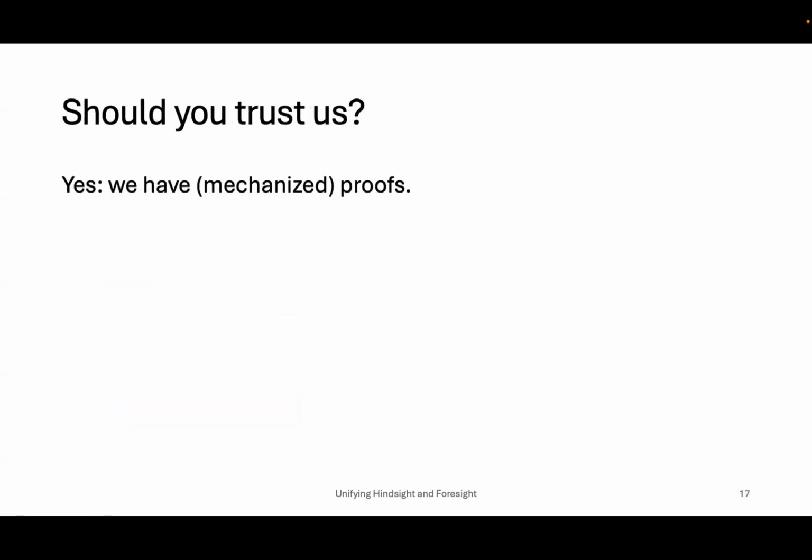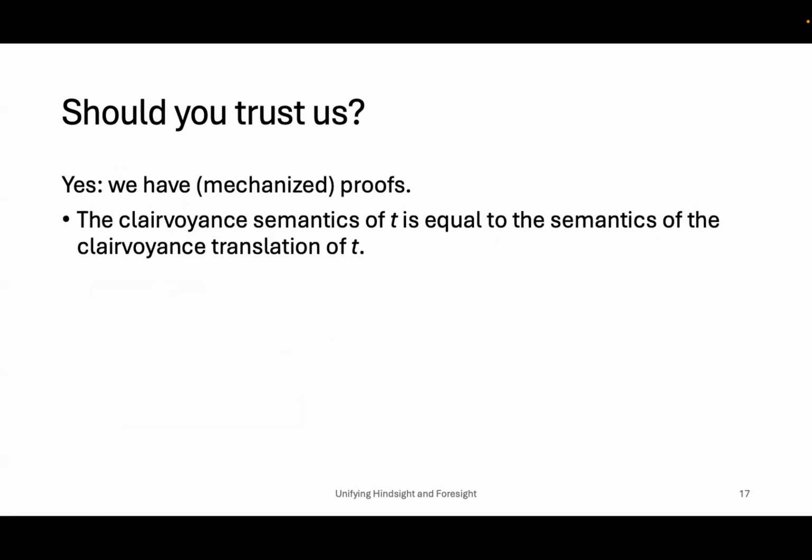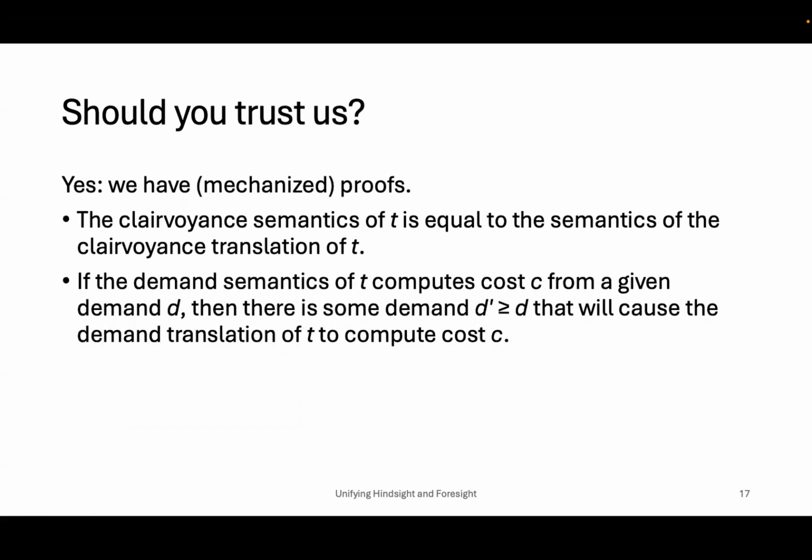Okay, so should you trust us? Should you trust that this method works? The answer is yes. We have mechanized proofs in Agda. Essentially, we gave a formal definition of these translations from a functional language to a logic language. The clairvoyance translation, the insert C, the append C that I showed before, performs exactly like the clairvoyant semantics of the original term.